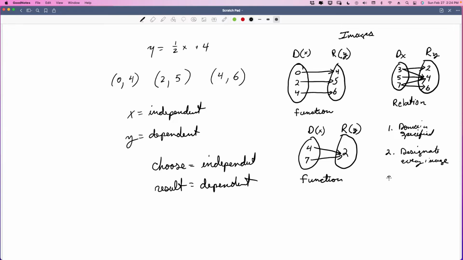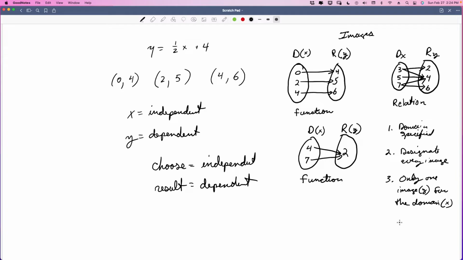Okay. And number three, there must be one image for the domain. Only one image, which is the y, for the domain, which is the x.